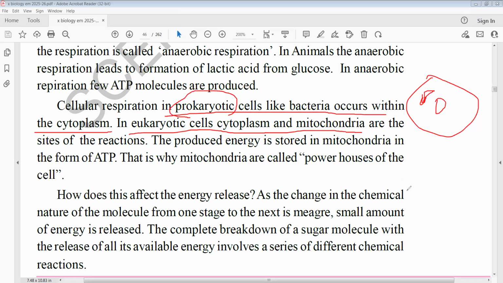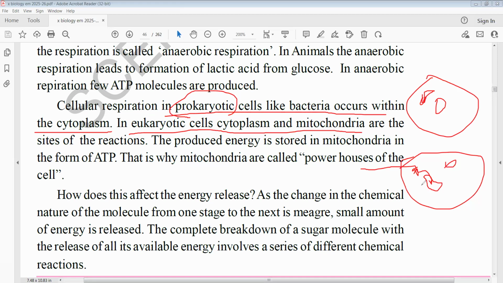Inside the cytoplasm cellular respiration takes place, as well as inside the mitochondria the aerobic respiration. So in eukaryotes, in both places cellular respiration takes place, whereas in prokaryotes only in the cytoplasm.